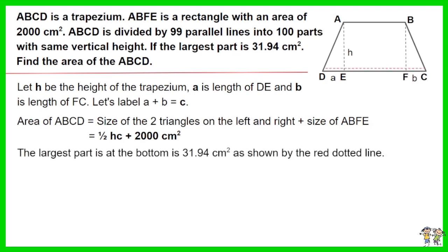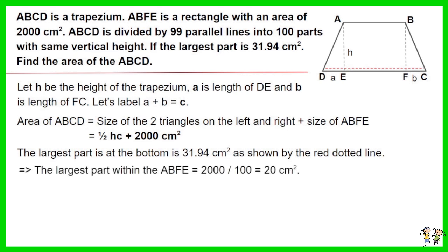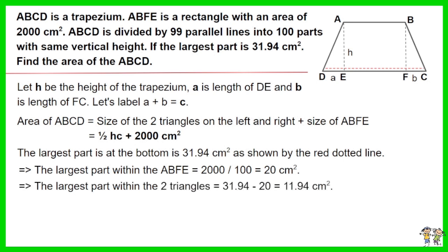The largest part at the bottom of ABCD is 31.94 centimeters squared, as shown by the red dotted line. The largest part within the rectangle ABFE equals 2000 divided by 100 equals 20 centimeters squared. The largest part within the two triangles equals 31.94 minus 20 equals 11.94 centimeters squared.